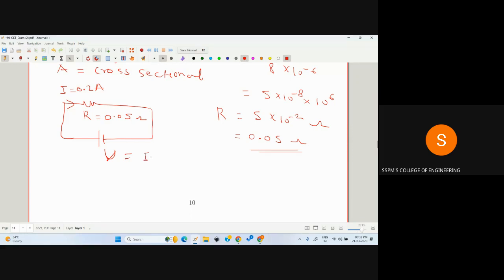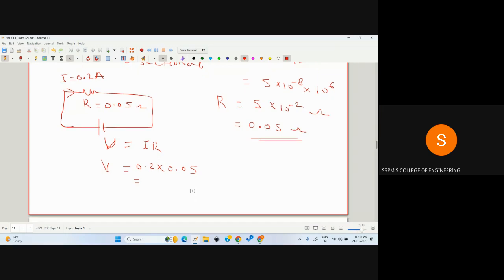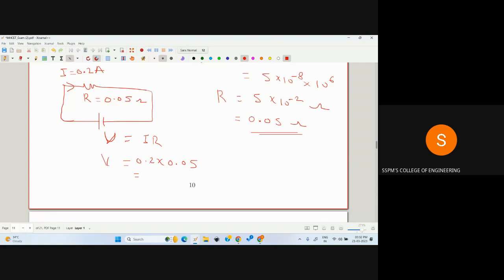It is equal to I into R. So potential V is equal to 0.2 into 0.05. R किती येते बघा, 0.2 into 0.05 gives 0.01 येणार.